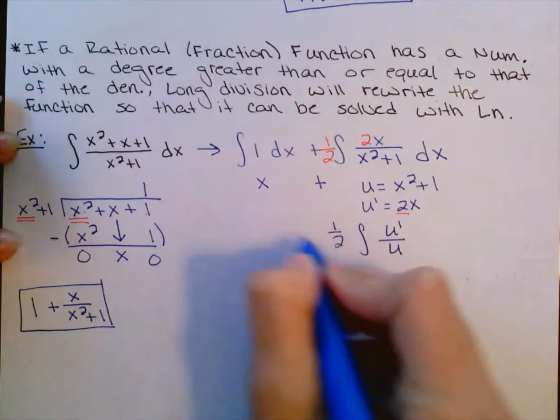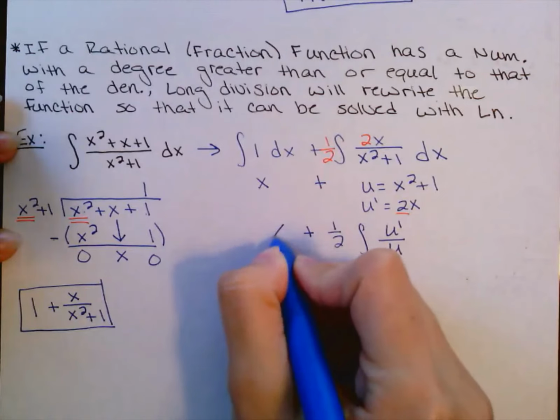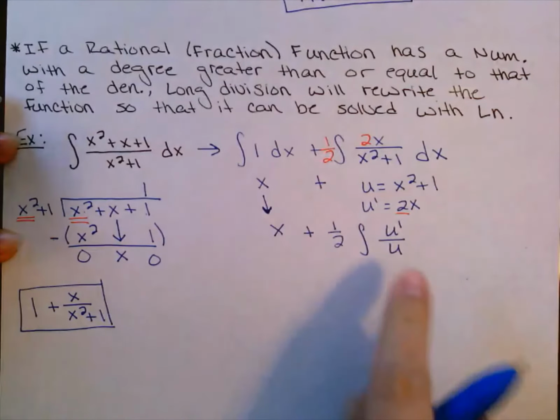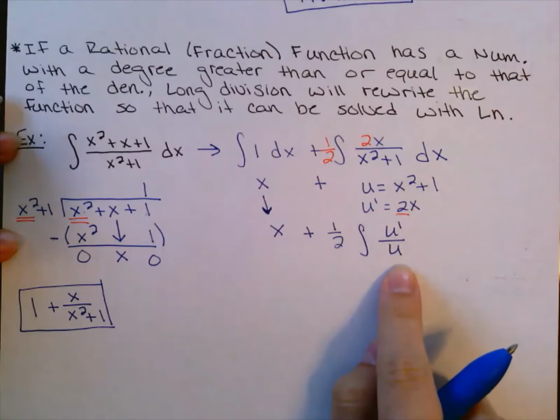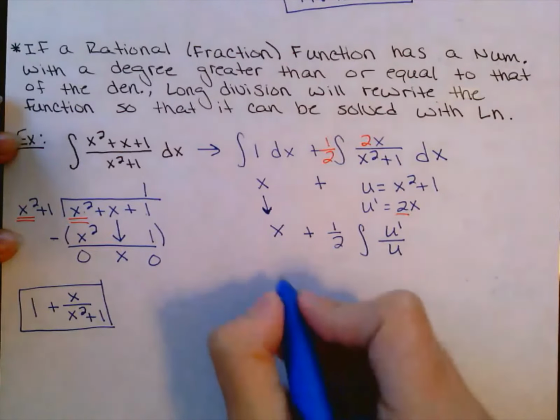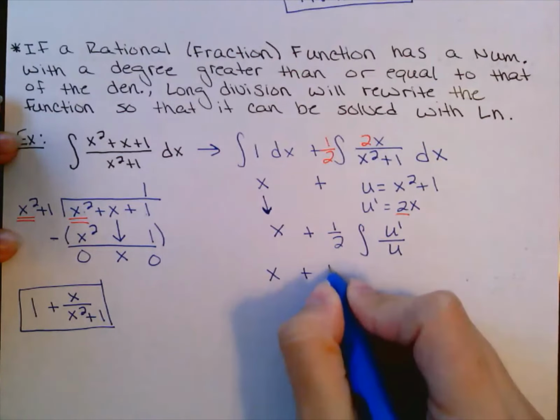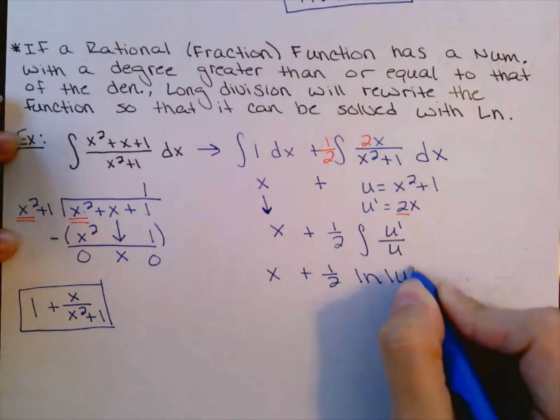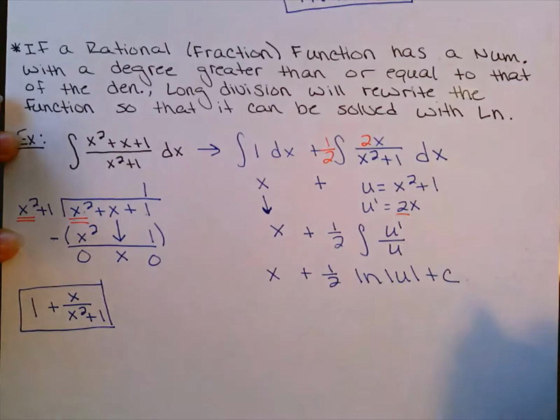And I can bring this x and this plus sign down. Now this should look familiar. We just talked about this rule. This is ln. So I'm going to say x plus half, and now this is ln, absolute value of u, plus c.